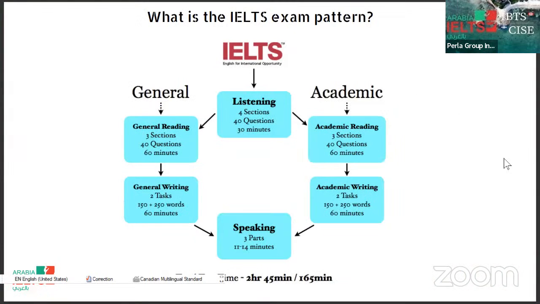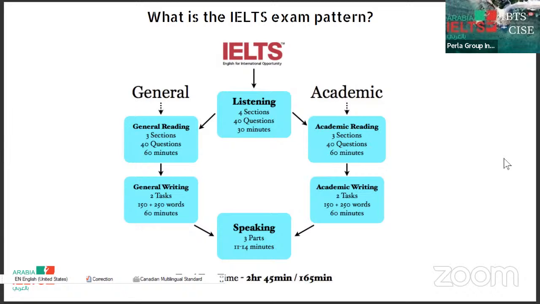Now, as you all know, there are two types of IELTS, the general and the academic. They are the same when it comes to the listening exam and the speaking exam. The only difference is basically the general reading exam.